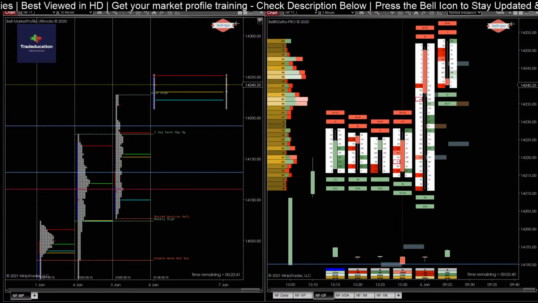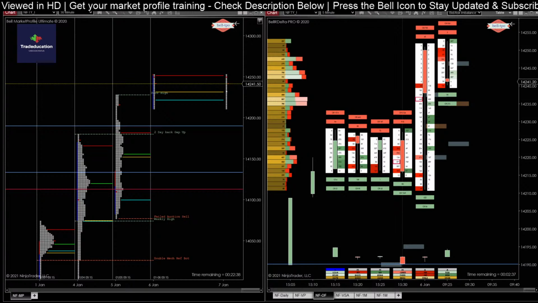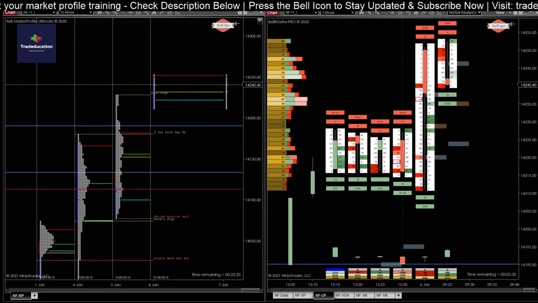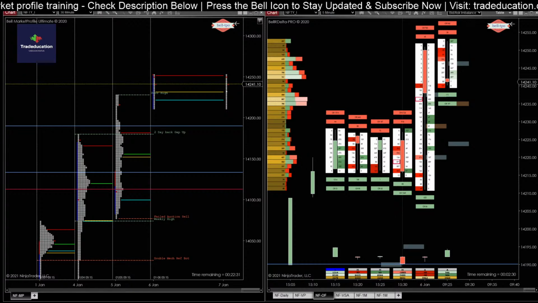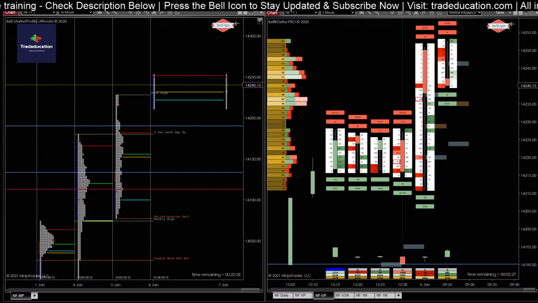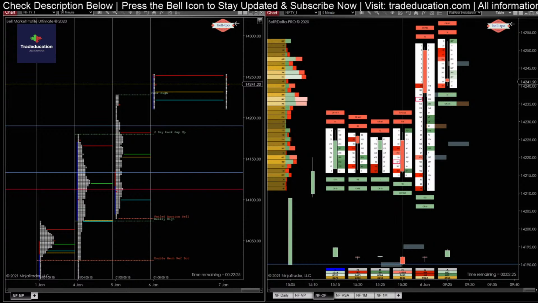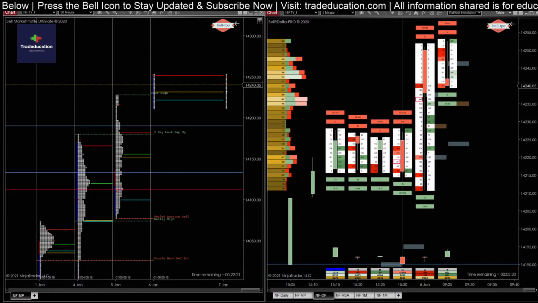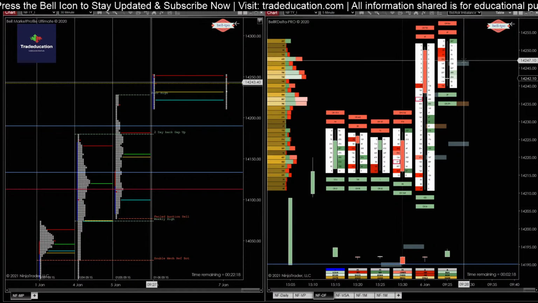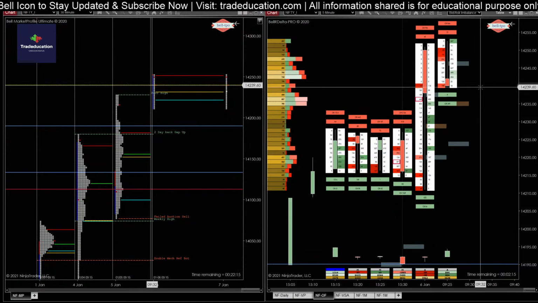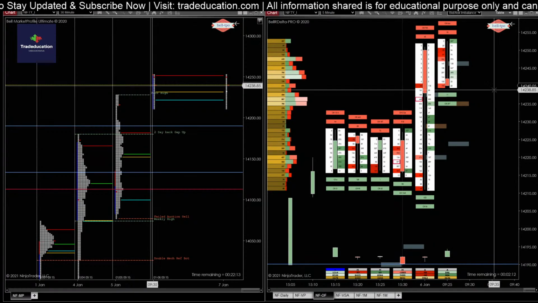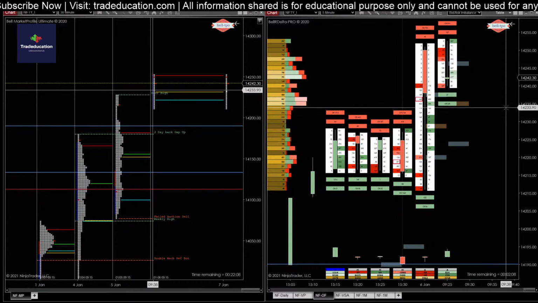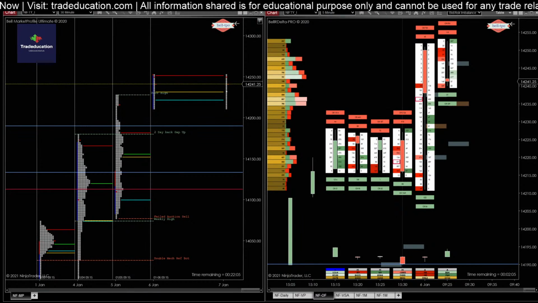Let's see whether that happens or not. I'm waiting for buyers to step in. This was an expected move. So let sellers come in. And now we need to observe how the auction is getting developed around the VWAP, and what type of price action we are able to see.